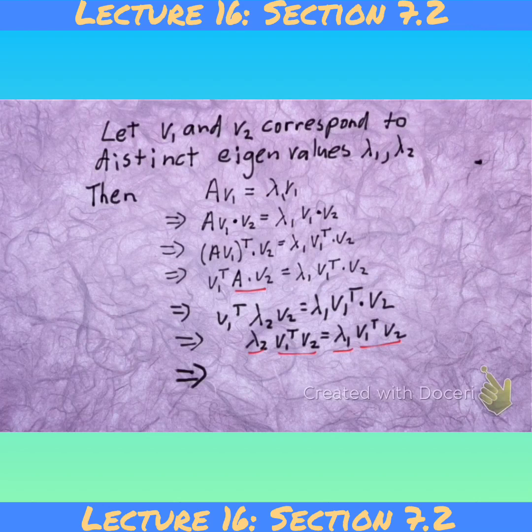So the only way that can be the same is if V1 transpose V2 is 0. And so that's going to mean that V1 dot V2 is going to be 0. So V1 and V2 are orthogonal.